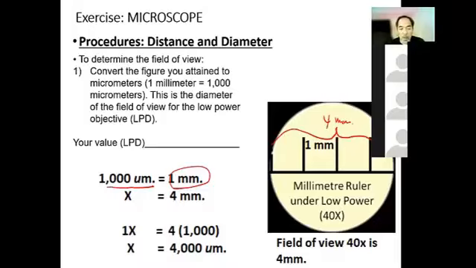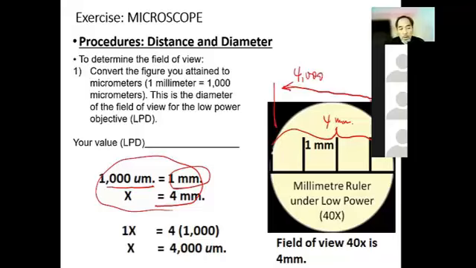So the field of view is 4 millimeters, but instead of saying millimeters, we're going to use micrometers. Converting millimeters into micrometers, the field of view here is 4 millimeters, which is equivalent to 4,000 micrometers. So the field of view at 40x is 4 millimeters, or 4,000 micrometers in size.